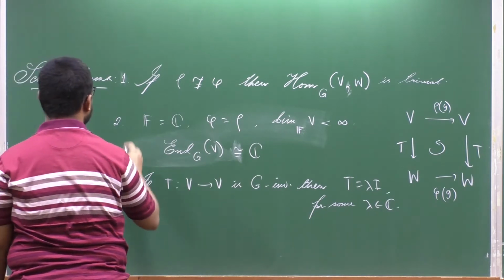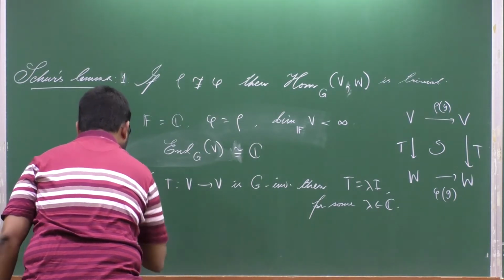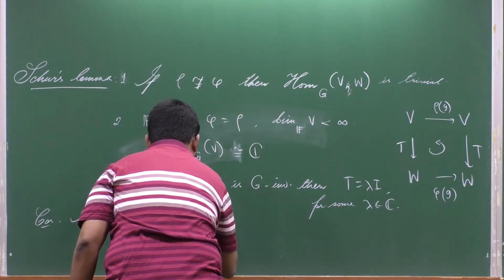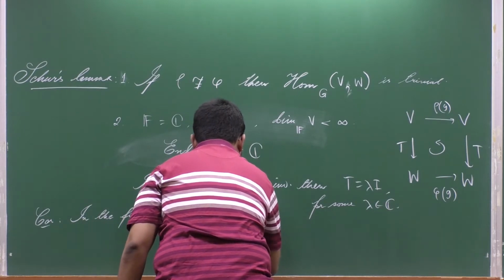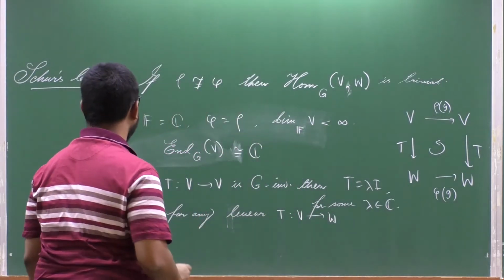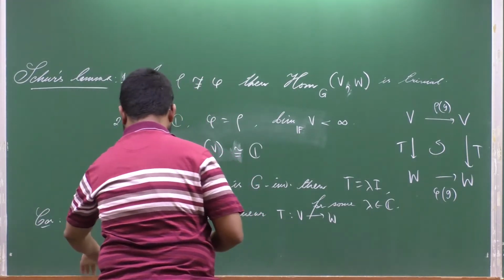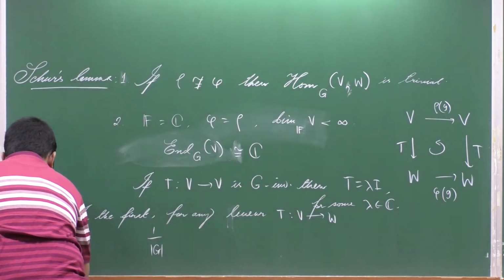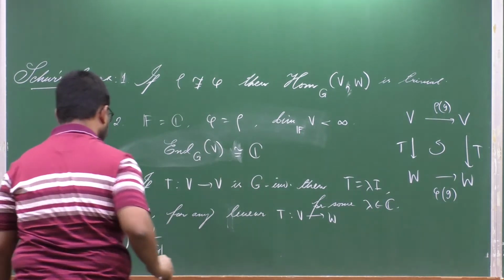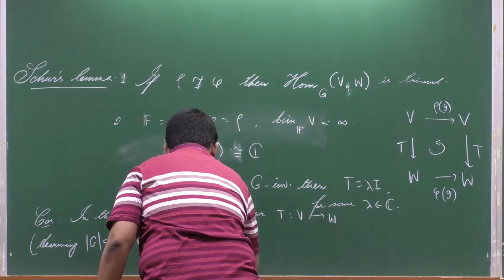In the first case, that is when rho is not isomorphic to phi, for any linear map T from V to W, assuming G finite, we obtain the following.